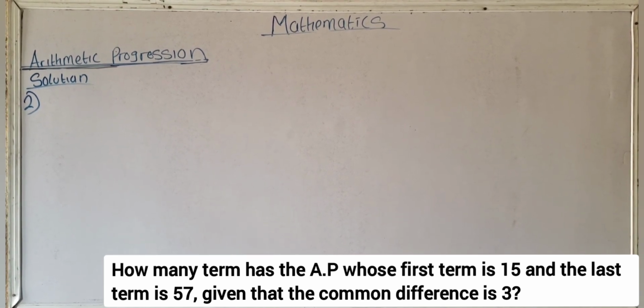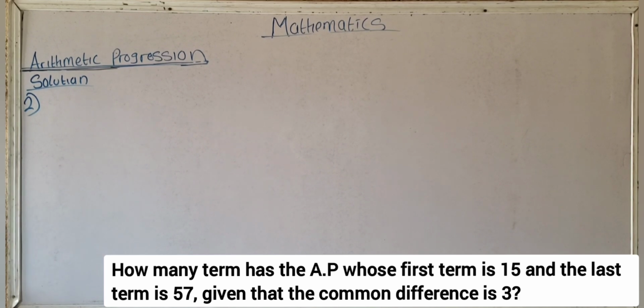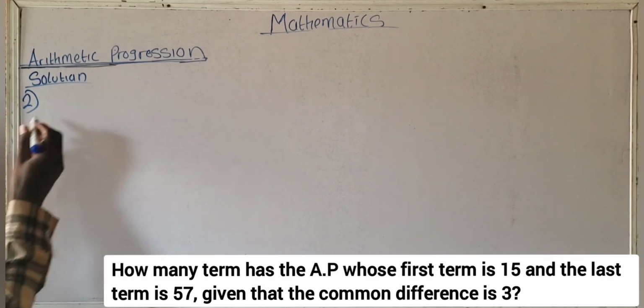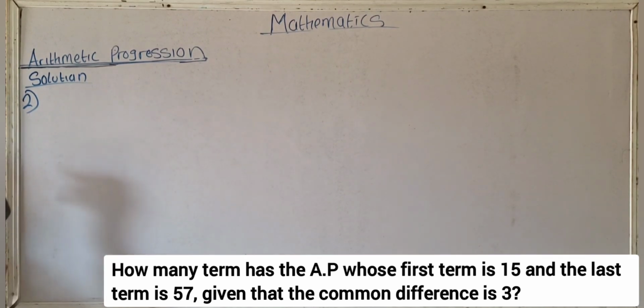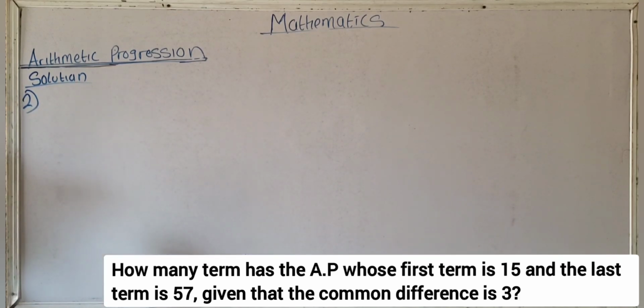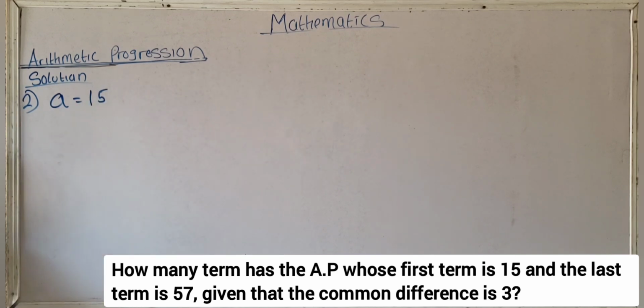Let's start by writing out the information that we're given in the question. The question says, how many terms has the AP whose first term is 15? So the first parameter given in the question is the first term, and the first term is represented as A. So I'm going to have A equals 15.